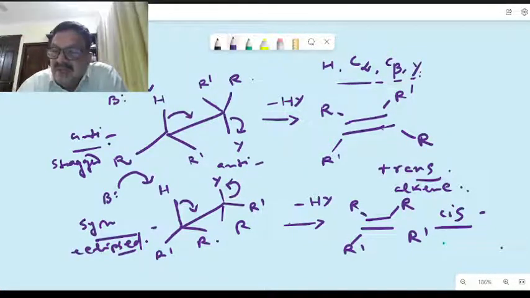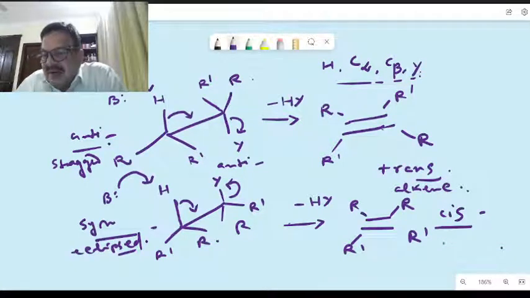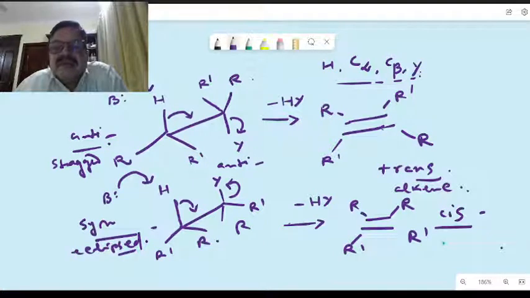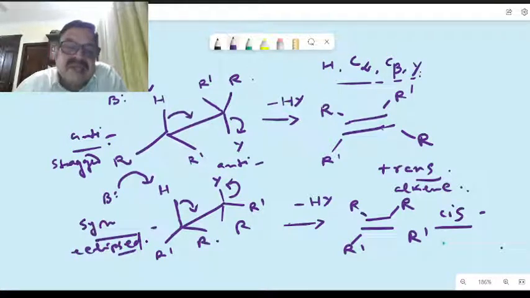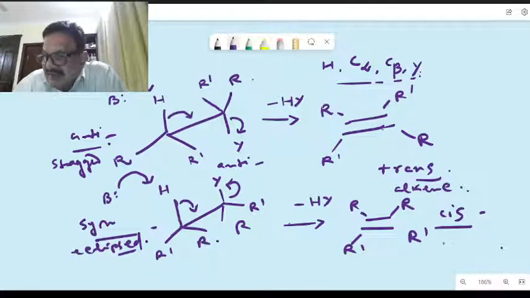Then the p orbitals, when these atoms are departing during the course of the reaction, the p orbitals will be developed on the beta carbon and alpha carbon. Okay, so on the alpha carbon and beta carbon, there will be p orbitals as and when these atoms are leaving there. Correct.